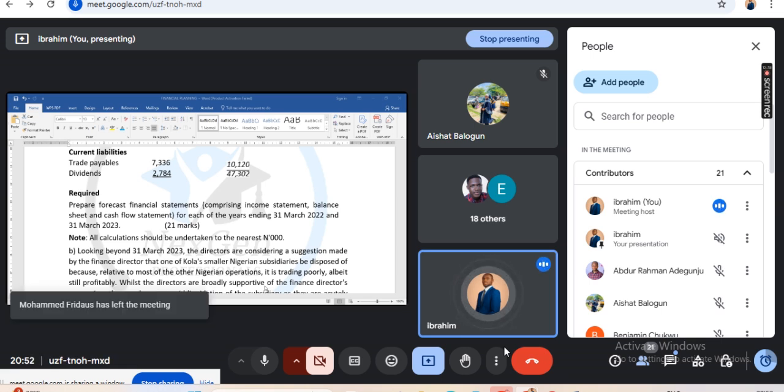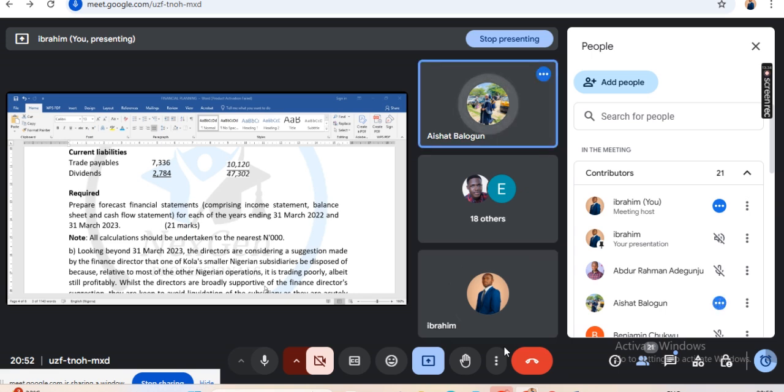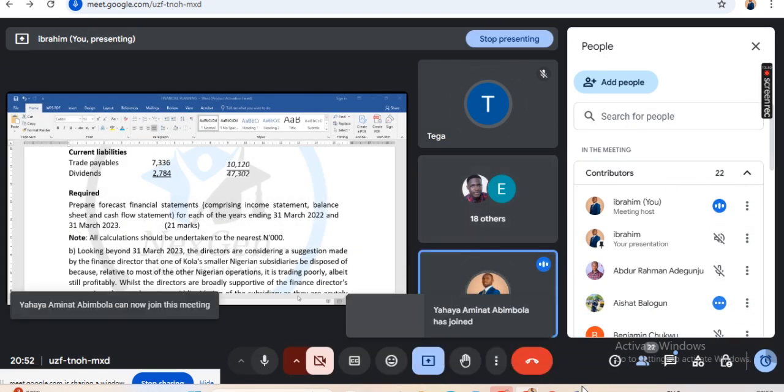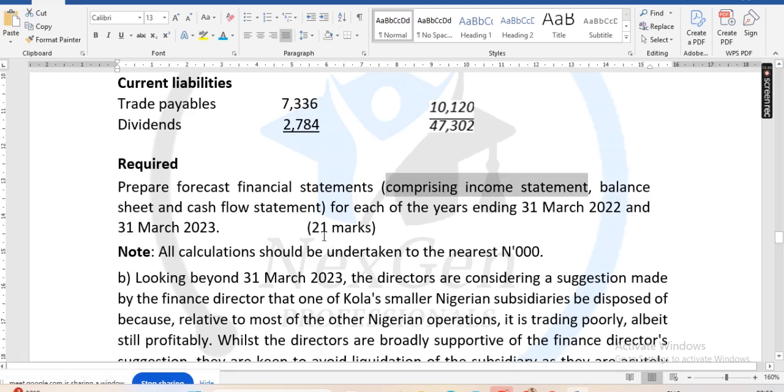You do a forecast for the balance sheet and you still do a forecast for the cash flow statement for each year, which is 31st March 2022 and 2023. Class, are we still together? Yes, sir. Okay. Now we move to the main question, right?